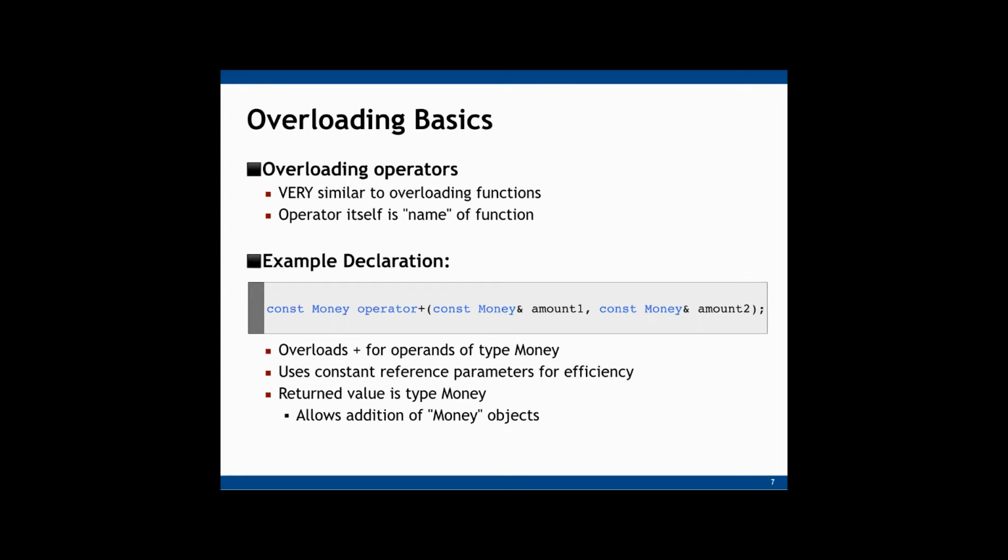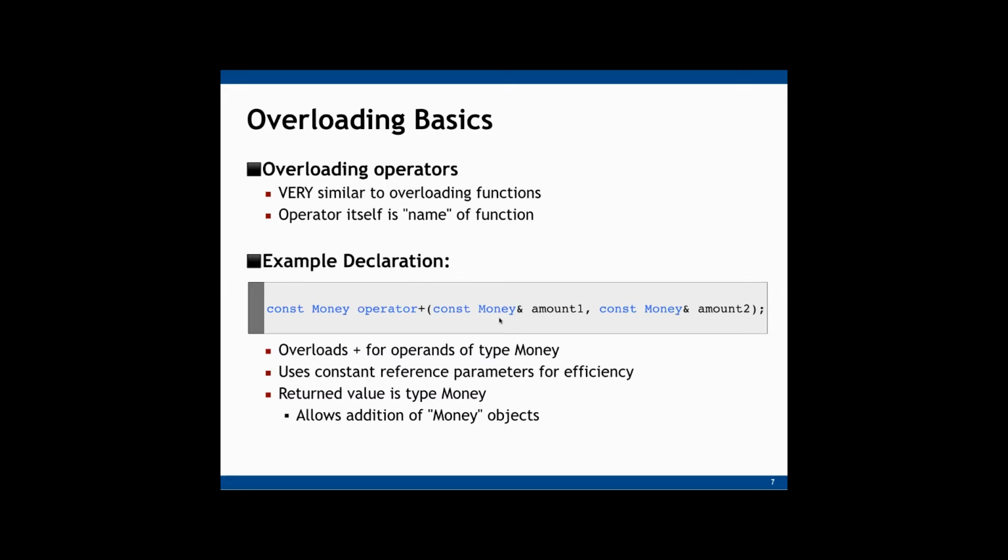The way to overload an operator is very similar to the way you overload general functions. This is the example of overloading the plus operator. We are overloading the plus operator so that it works with the money class type. So money is a class type that you newly define for this example.